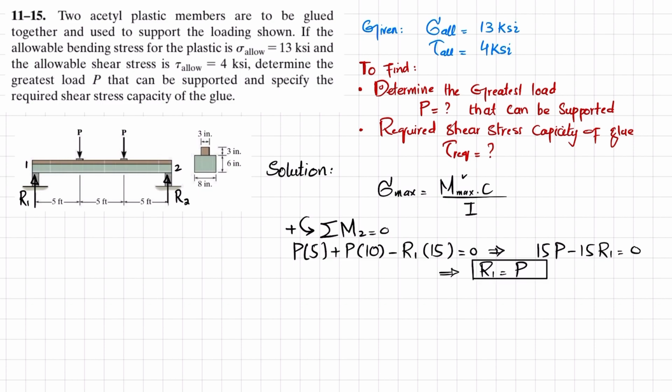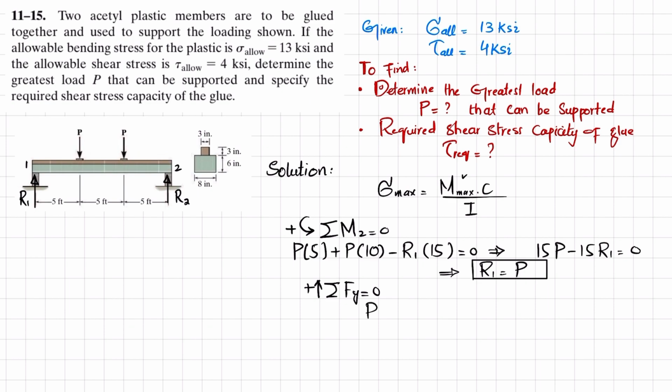Now we can find R2 by using the equilibrium condition that the sum of all forces along the y direction must be equal to 0. So R1 minus P plus R2 is equal to 0.